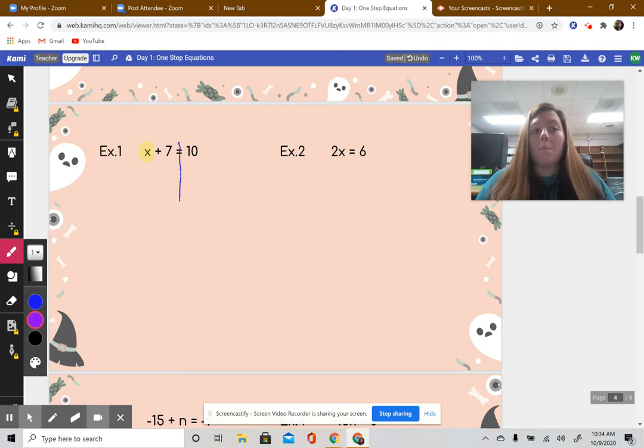So you have to ask yourself, what is making that x not alone? Look on the left-hand side. The +7. So to undo the +7, I do the inverse. The opposite of +7 is going to be -7.